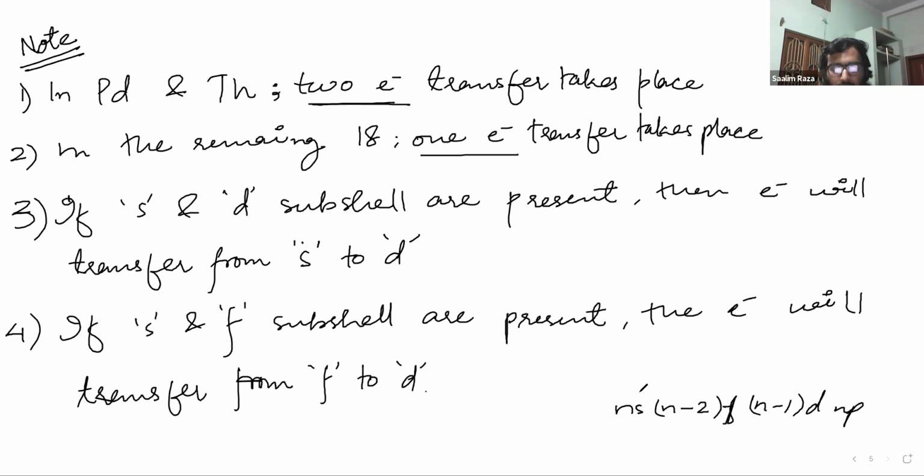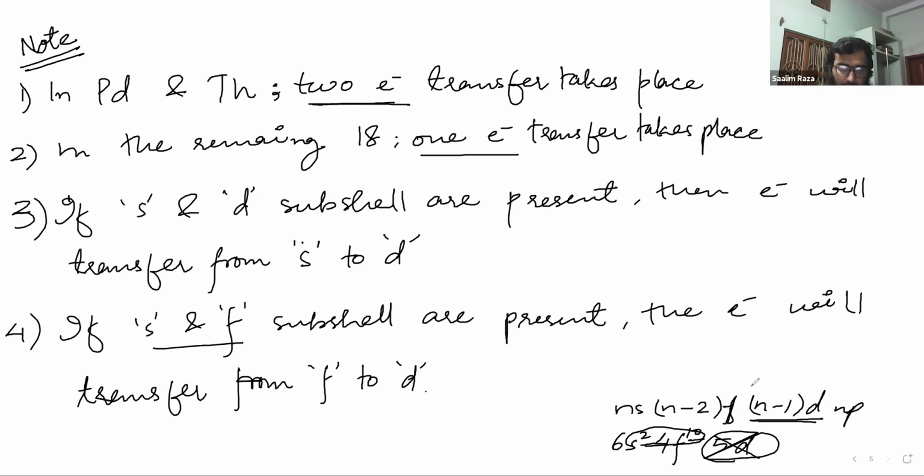For example, if you have 6s, then you will write 4f, and let us say 10. If you have to fill only 12 electrons, you will not go to the (n minus 1)d, right? So S and F can be present, and the D subshell, that is 5d, will be present but vacant till now.